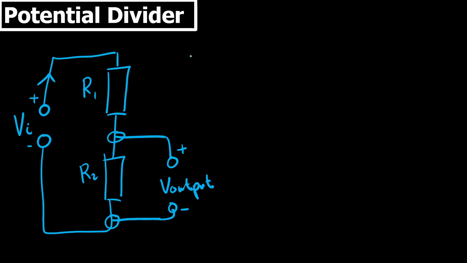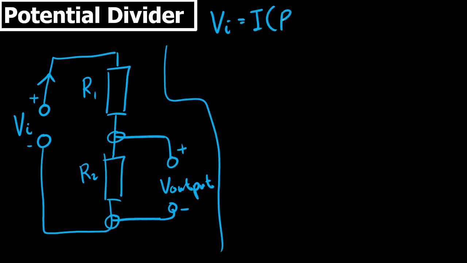Now we look at the circuitry, and we ask ourselves, can I apply Ohm's law, because we are talking about resistors and we assume that these resistors are ohmic. So what we have is V in equals I times (R1 plus R2), and this is just from Ohm's law and the fact that R1 and R2 are in series.